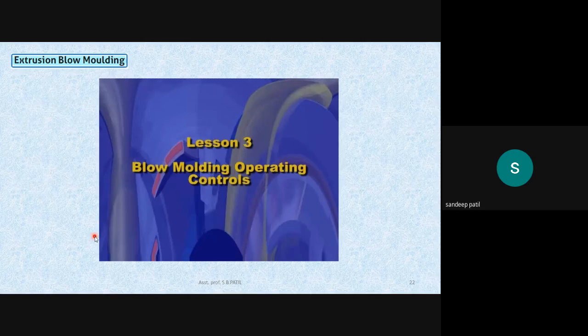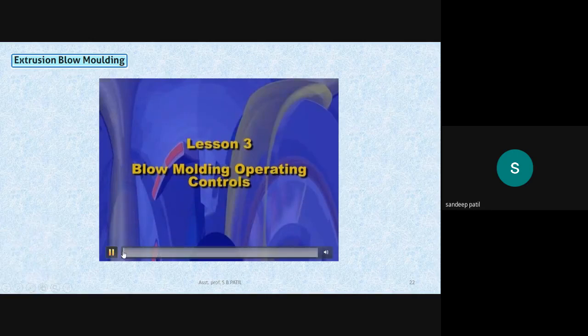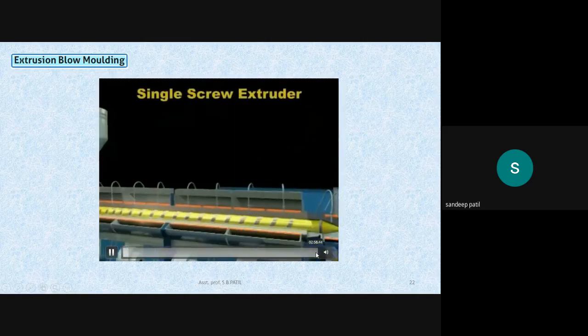So let us see the video for the extrusion blow molding. This extrusion blow molding is similar to what we have seen in the first video on blow molding.